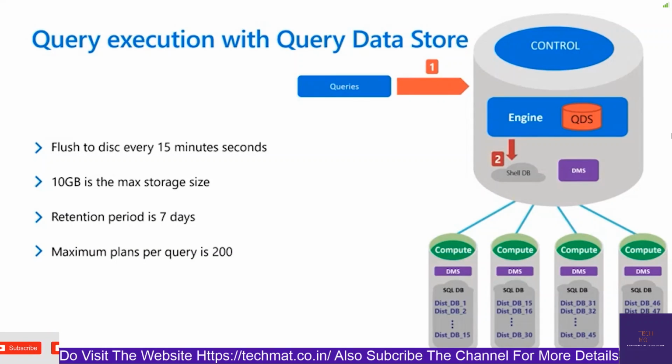The control node passes the query onto the engine that makes use of Query Optimizer, which will interact with ShellDB to get information about the data in the database, like statistics, for instance, and other information to decide the most optimal route to retrieve data. Then the information is returned back to the engine in the form of the execution plan. So now we have the execution plan.